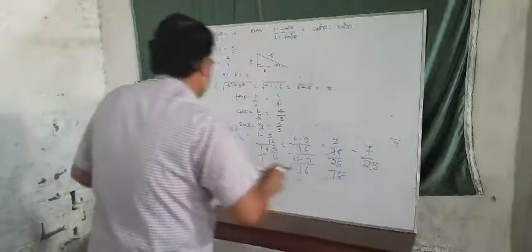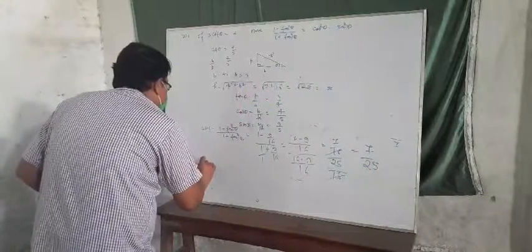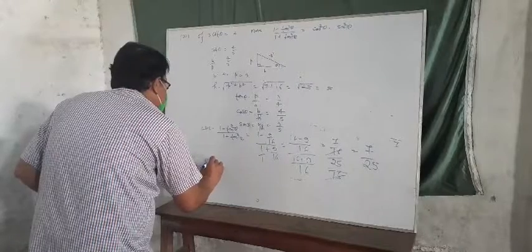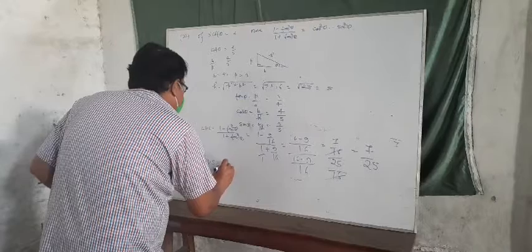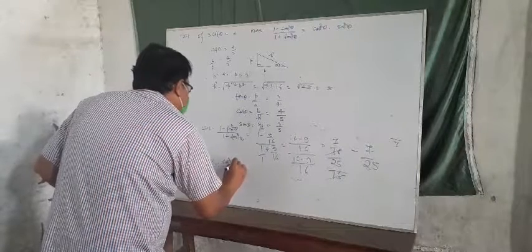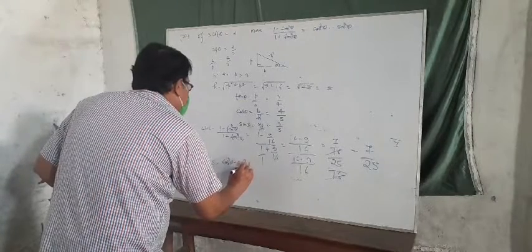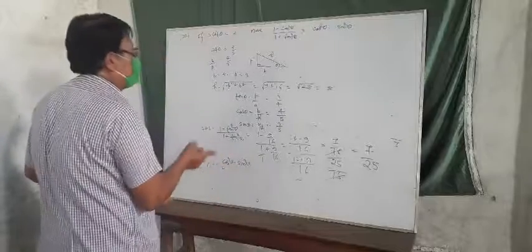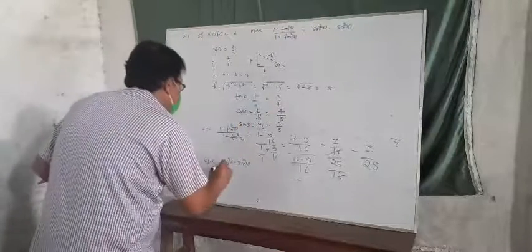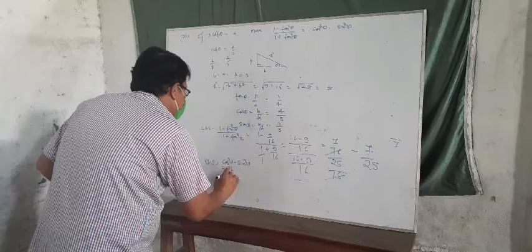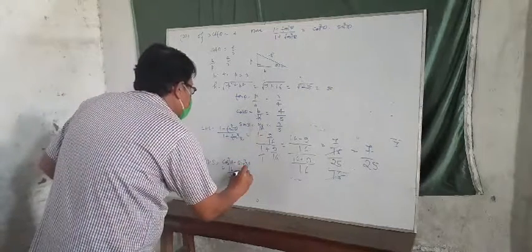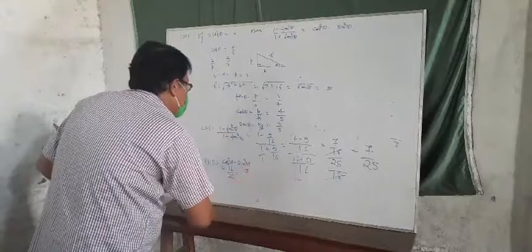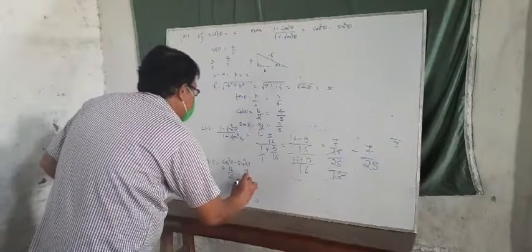Now RHS is cos square theta minus sin square theta. Now put the value of cos theta and sin theta. Cos theta is 4 upon 5, so square is 16 upon 25, minus sin theta, which is 3 upon 5, square is 9 upon 25.